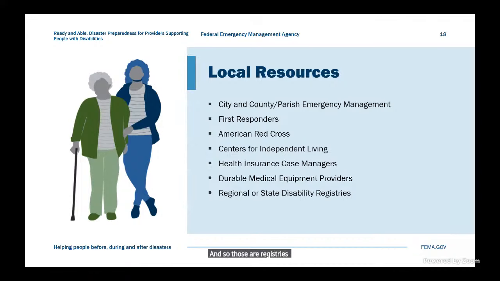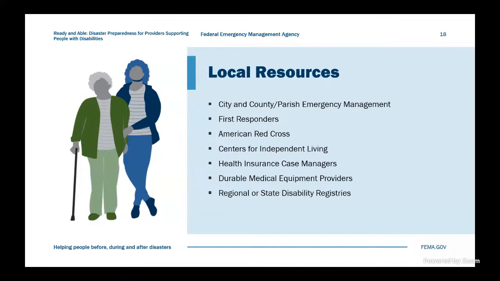Not every state has one, not every area. I don't know about the territories, if any of them have them. So you'll need to look that up on your own and verify also the level of assistance being offered.